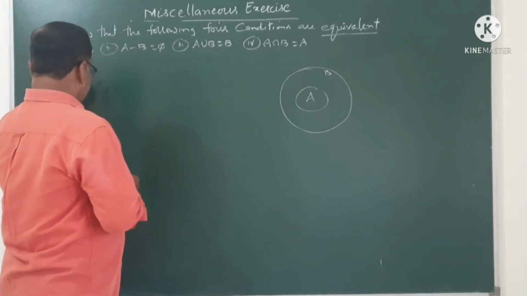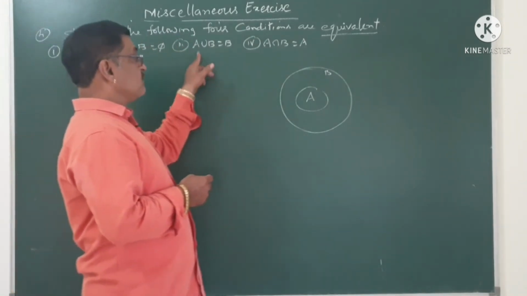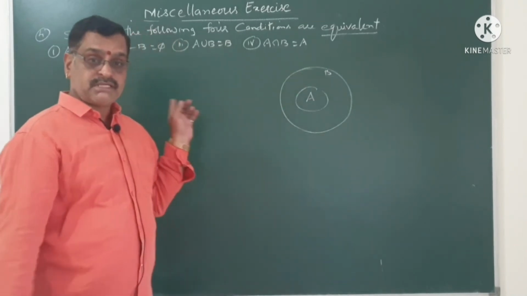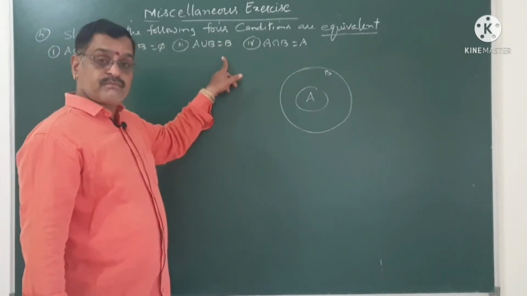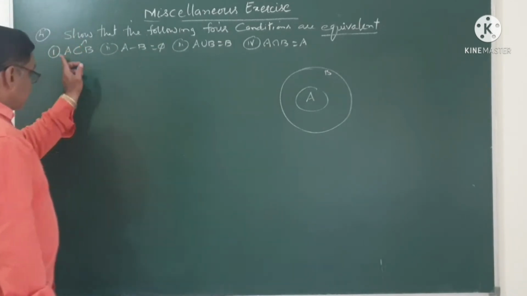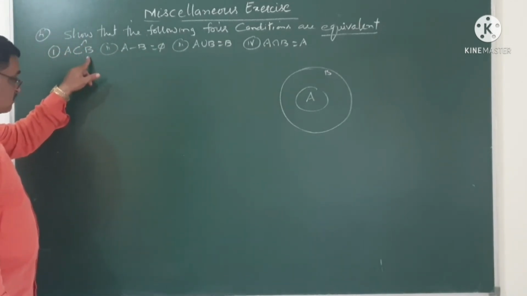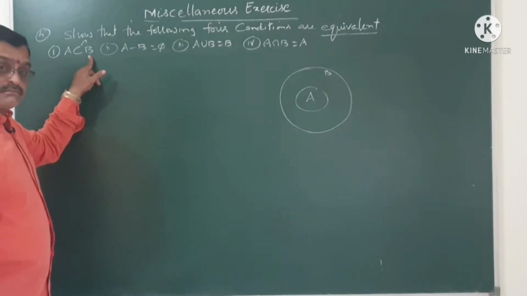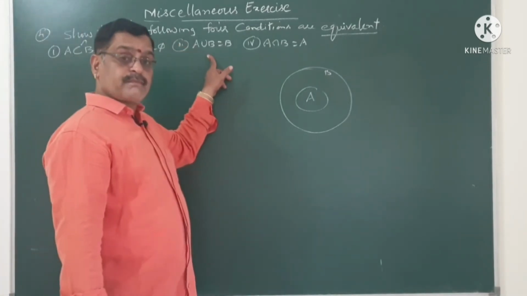If A is subset of B, then A union B is equal to B. Yes, it's also true. When A is subset of B, that means A is smaller than B. When you find the union of these two sets, you will get the superset. And this is also true.